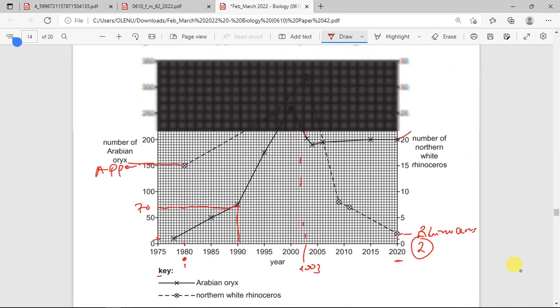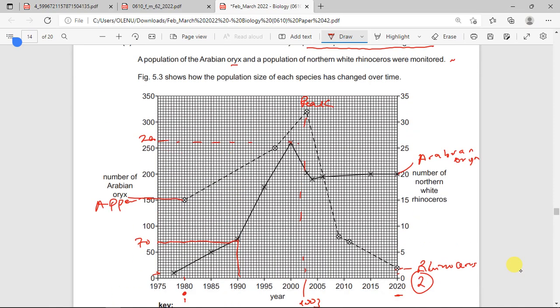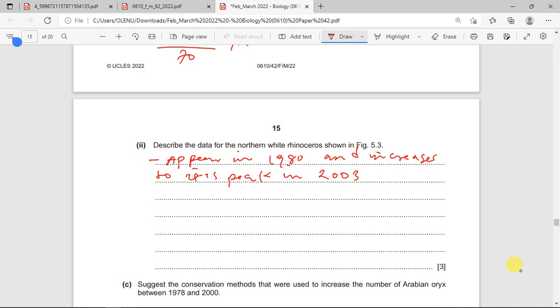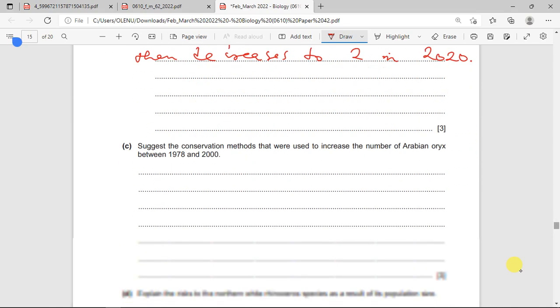So let's see the value. 2003, the value is approximately 32, and then decreases to, I think, 2 in 2020. So you can add other values, other years, just choose to get your full mark.